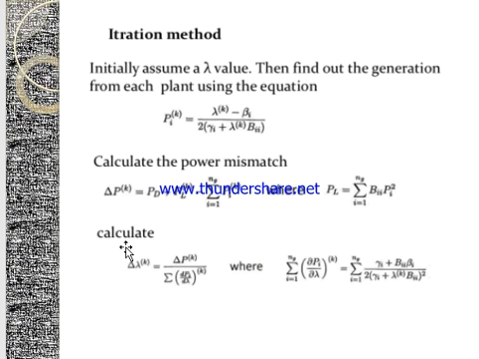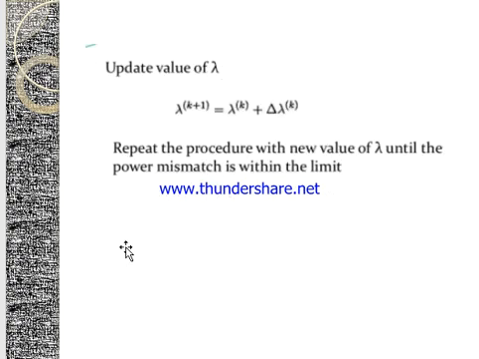By the iterative method we find del lambda k, and when substituted we can find lambda k plus 1, as lambda k plus del lambda k. Both derivations are the same, even though we consider the losses in this case. Repeating the procedure for lambda, we repeat until the power mismatch is within the limit, and finally we obtain an optimal operation of the required number of thermal units.